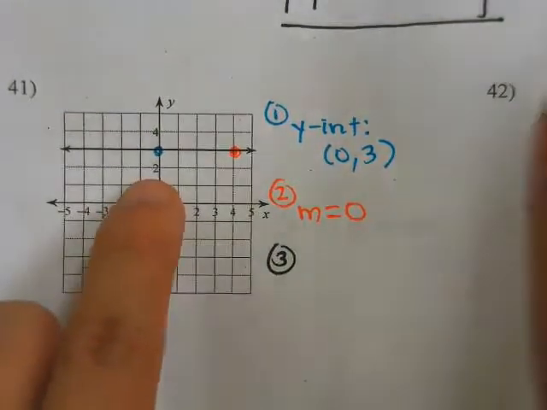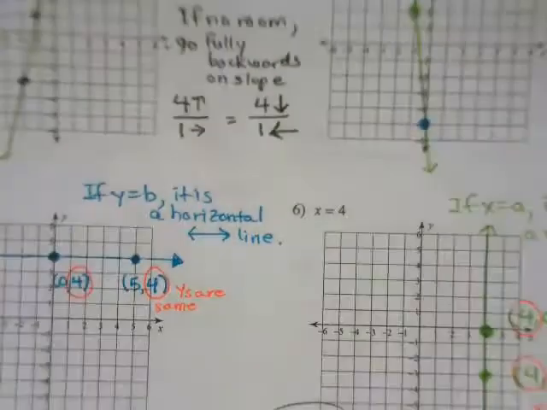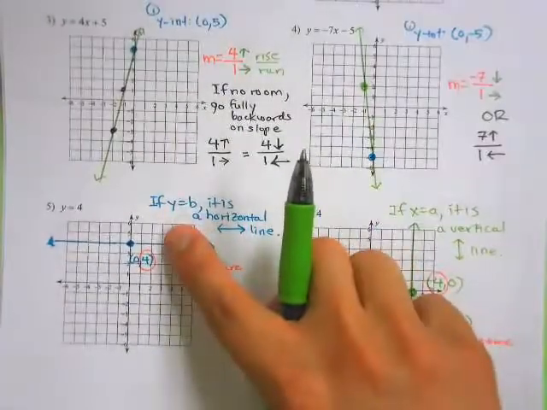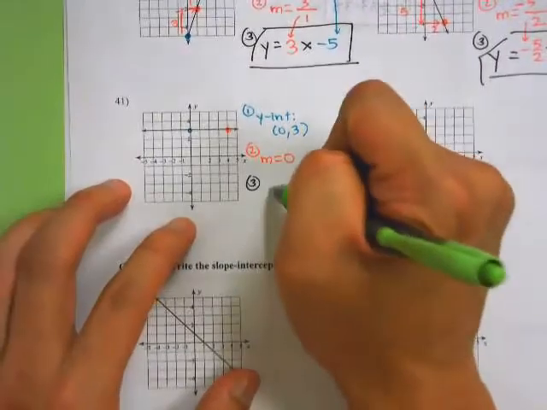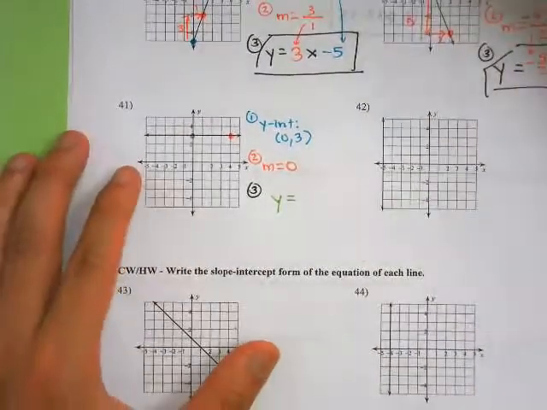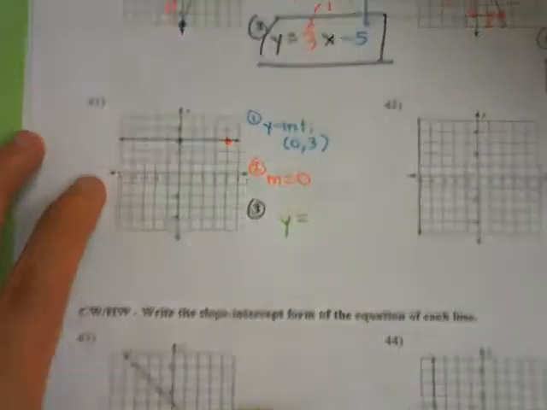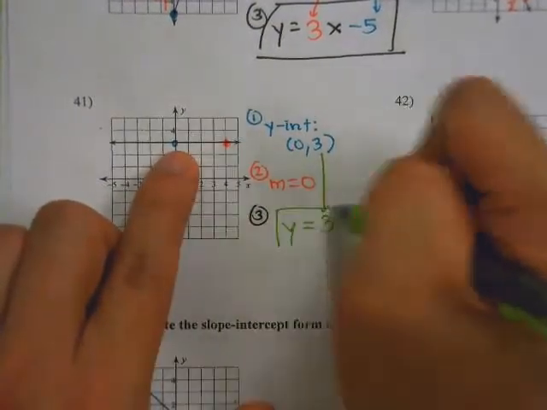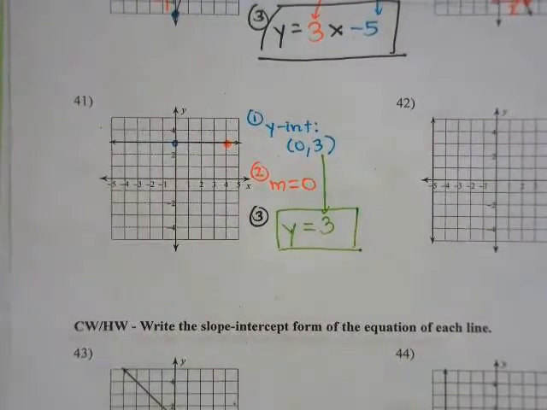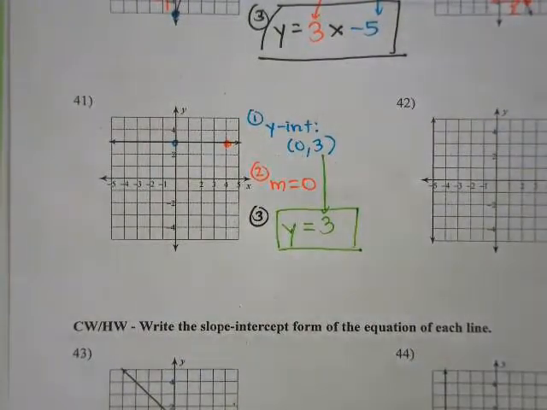Very good. If you have a horizontal line, is it x equals or y equals? It's going to be y equals, if we take a look back on number 5. Y equals, well, what number should it be? 3. Because this is where it passes on the y-axis. Y equals 3. Special case.